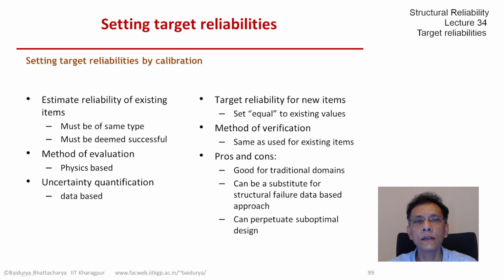And this was actually an impetus for expressing reliability in terms of reliability index in the early days of setting the first generation reliability-based codes, because the idea of stating a failure probability in actual numbers like 1 in 1,000 or 1 in 10,000 was open to questions and misinterpretations.